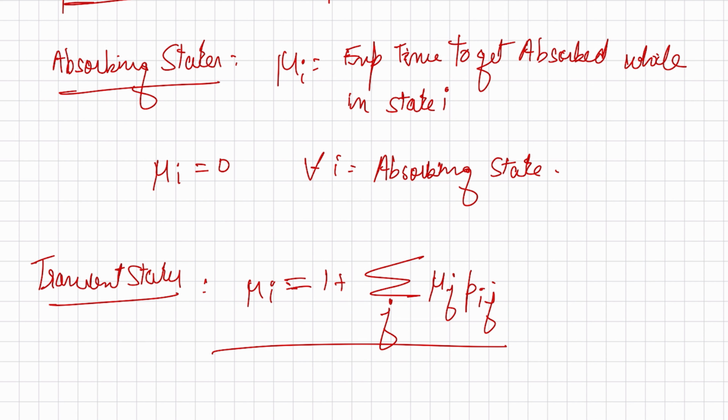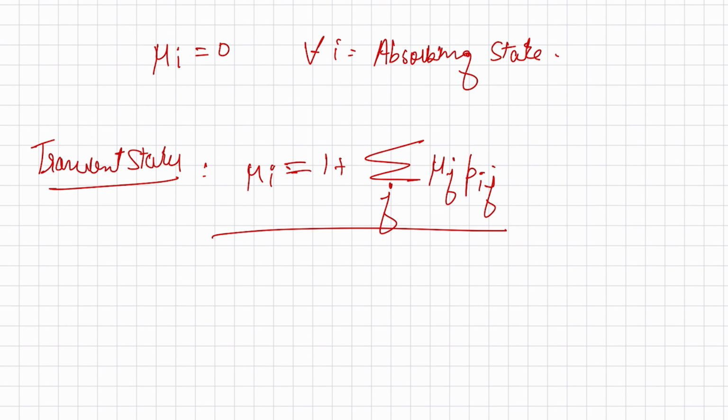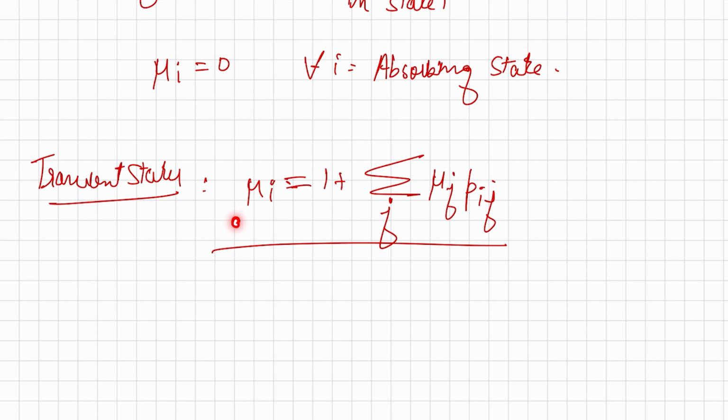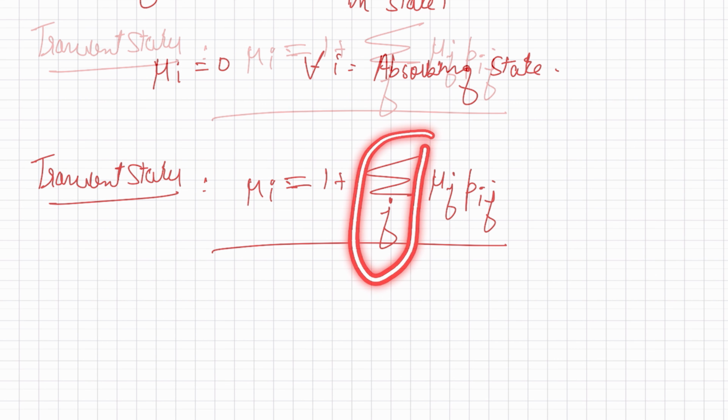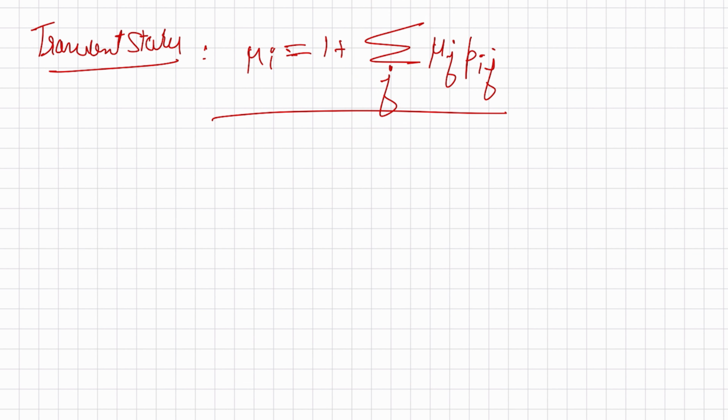So for a transient state, this is basically the expected time to get absorbed from state i. 1 is added for any jump that happens from i to state j. Now, what is the state j? Well, it depends on all possible states you can jump to. So j here spans through all of the state space, so let me also mark this: j is all states in the state space.